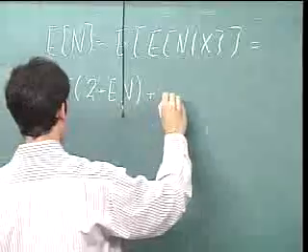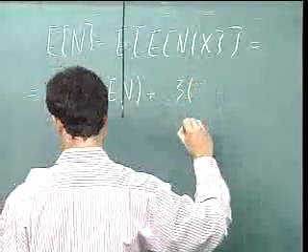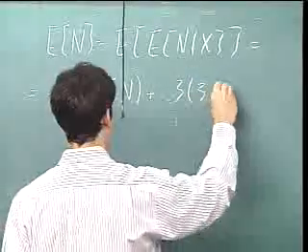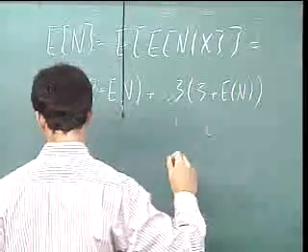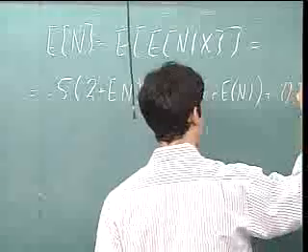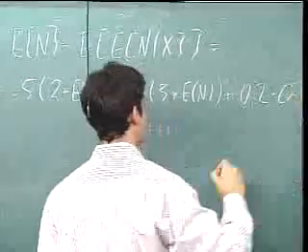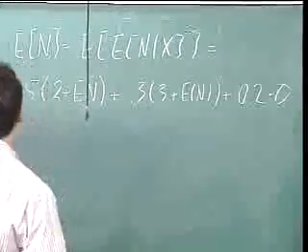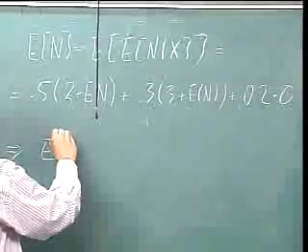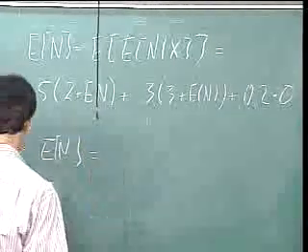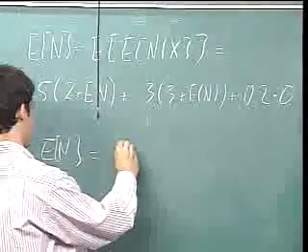And the probability that we pick door 2 is 0.3. The probability that we pick the right door is 0.2. So we solve for the expected value of n, and we get a result of 9.5.